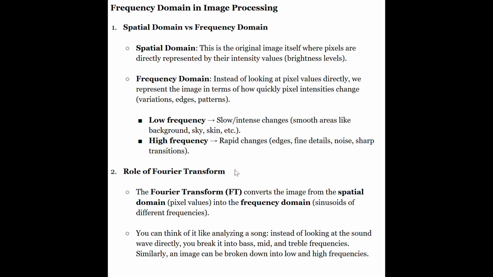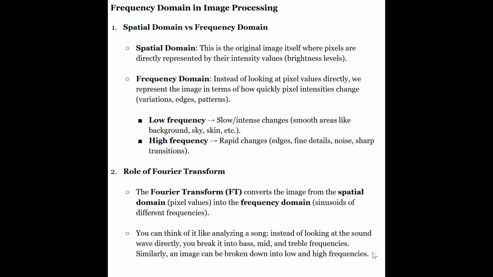Whenever we are dealing with frequency domain image processing, there is always the concept of the Fourier transform. The Fourier transform converts the image from the spatial domain, that is pixel values, into the frequency domain. For example, sinusoidal waves, sinusoids of different frequencies, this is my frequency domain. You can think of an example: let's say you are listening to a song.